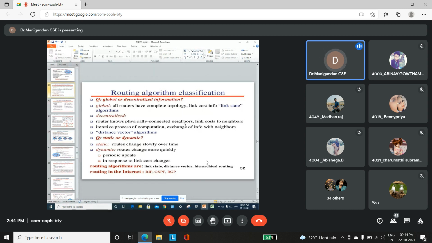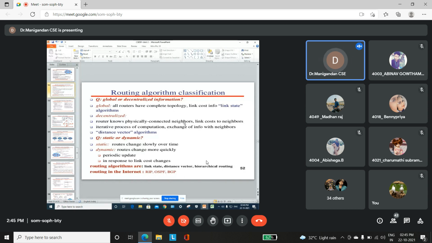So the routing algorithms are link state, distance vector, and hierarchical routing algorithms. And on the internet, the algorithms used are RIP, OSPF, and BGP. These three types of algorithm can be implemented on the internet.